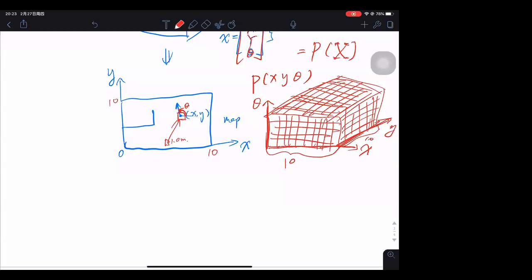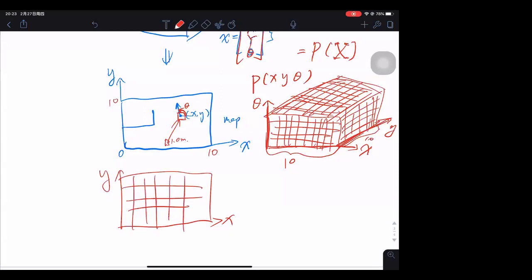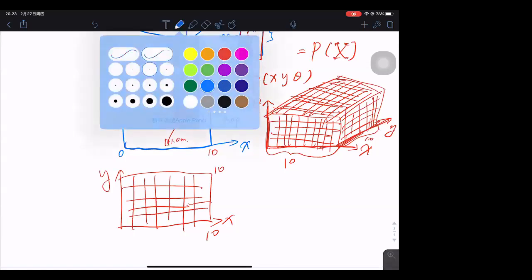Firstly, in 2D we have x and y. We separate the space into a 10 by 10 grid world. And where is the robot? Probably the robot is here.